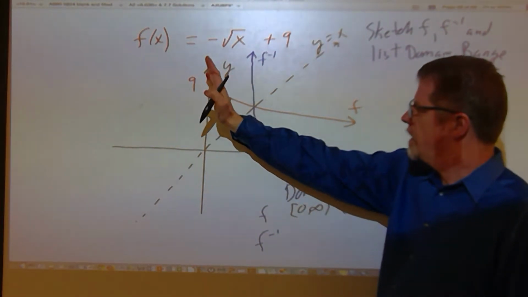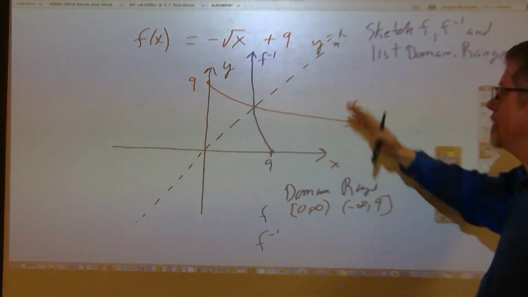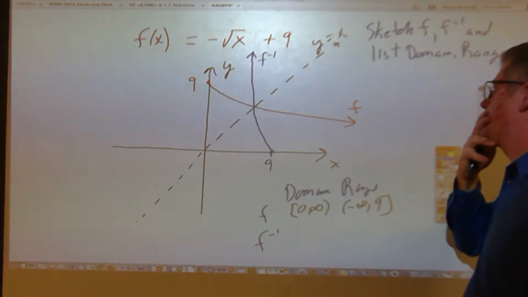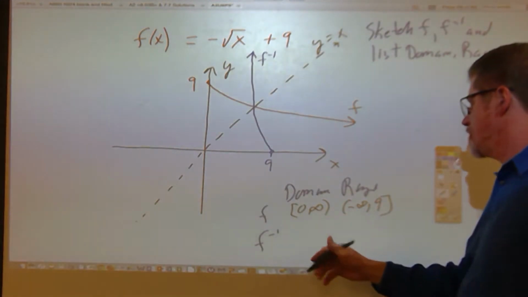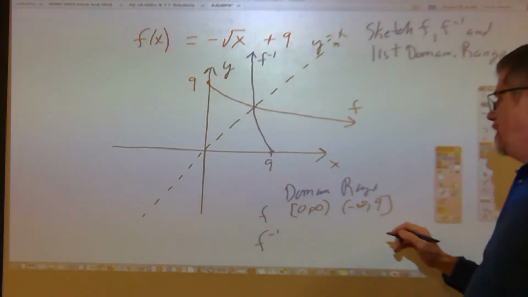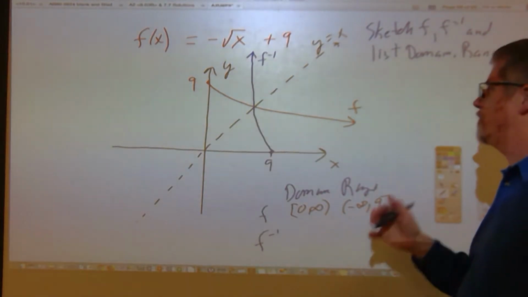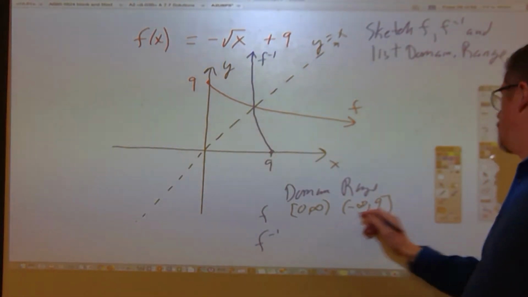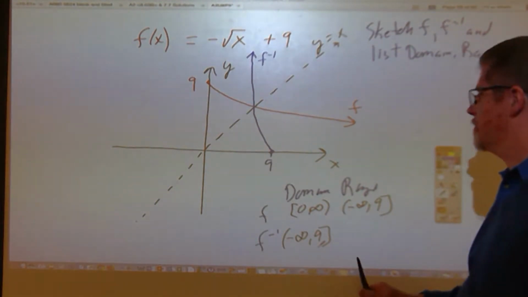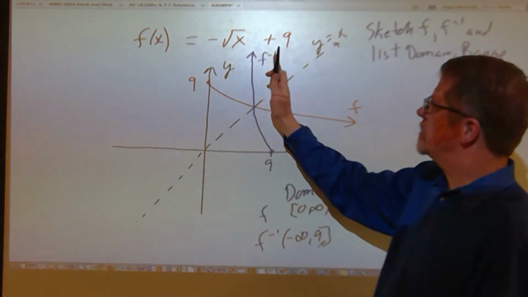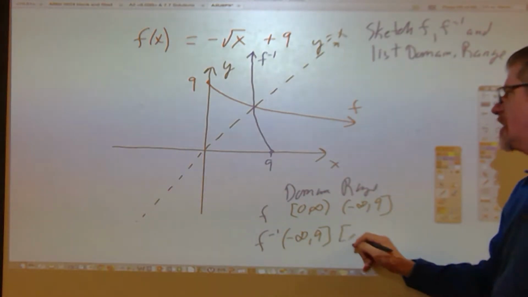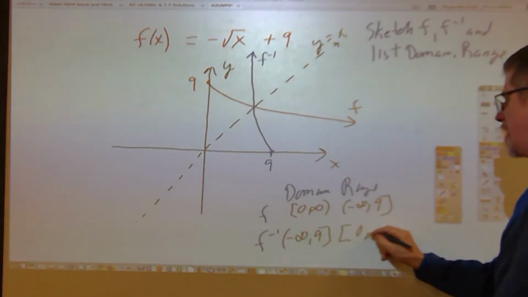The domain is 0 to infinity, the range is negative infinity to 9. When we flip that, we should get a domain of negative infinity to 9 and a range of 0 to infinity. Yeah, that's actually correct. So negative infinity to 9, square bracket. Sure enough, the x coordinates, even though it doesn't look like it's going to make it all the way to negative infinity, it will. And the range is going to be from a minimum of 0 up to a maximum of infinity.